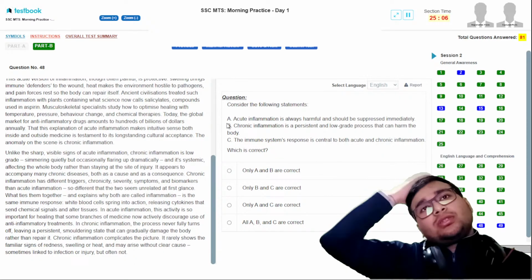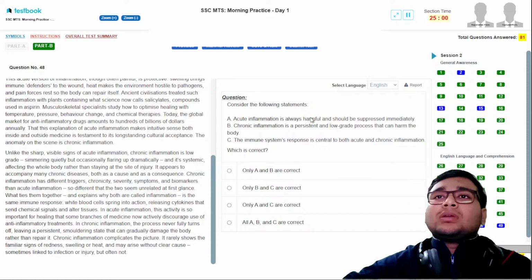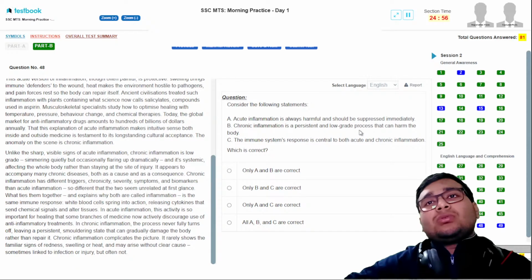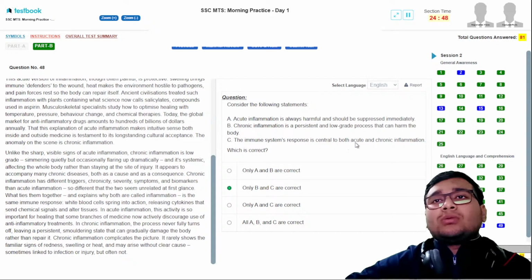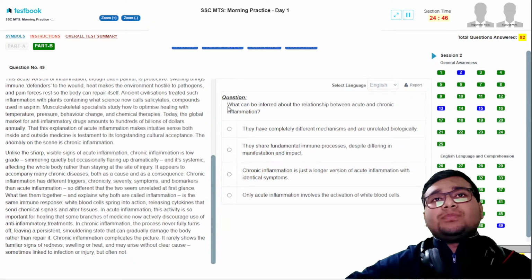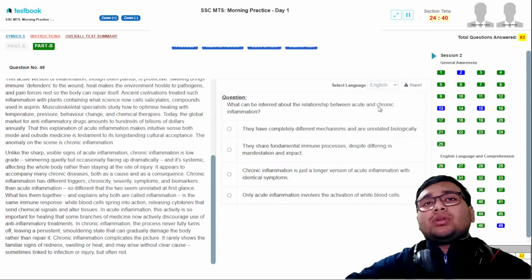Consider the following statement: acute inflammation is always harmful and should be suppressed immediately. No. Chronic inflammation is a persistent and low grade process that can harm the body. Yes, that's right. The immune system response is central to both acute and chronic disease. What can be inferred about the relationship between acute and chronic inflammation?